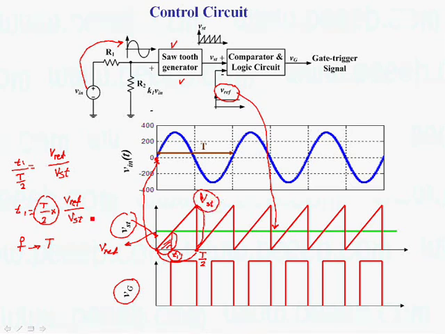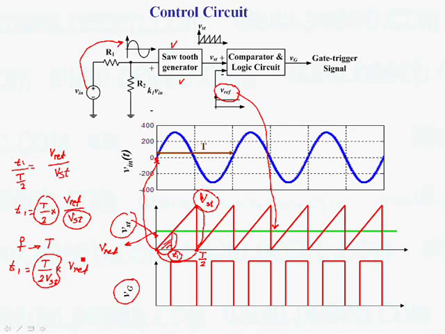That means this term is constant. So T1 equals T/2 times 1 over V sawtooth times V reference. So this term is constant.